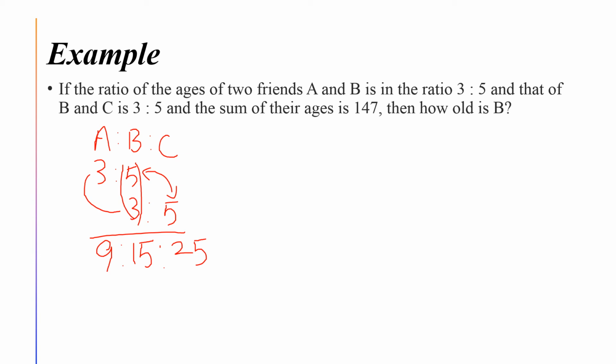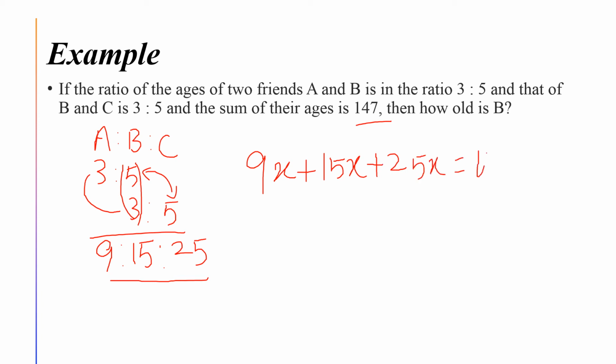The sum of this ratio is equal to the sum of their ages, that is 9x plus 15x plus 25x is equal to 147. This is A plus B plus C is equal to 147.